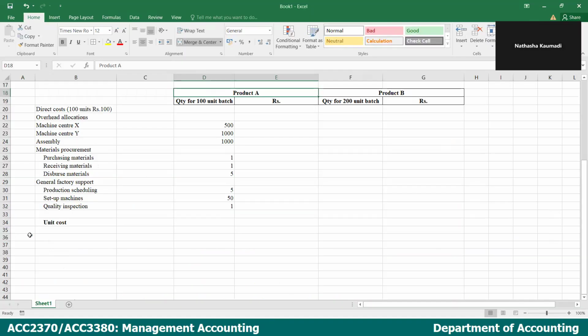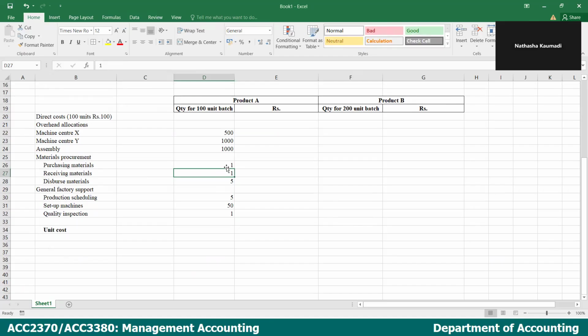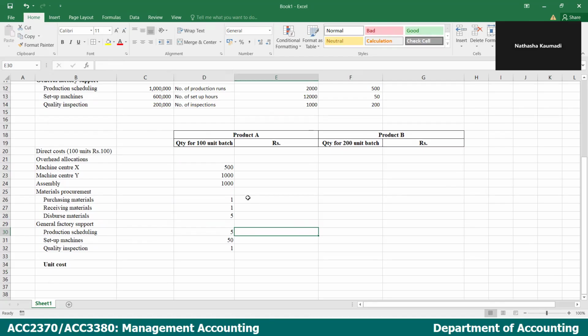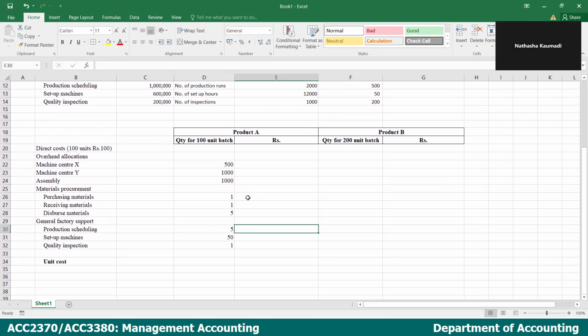Now, we have to calculate cost per 100 units batch or cost per 200 units batch. And then if you want, you can just divide the cost by 100 or 200 and calculate the unit cost. That's up to you, right? So first of all, we calculate the cost per batch, 200 units batch or 100 units batch.